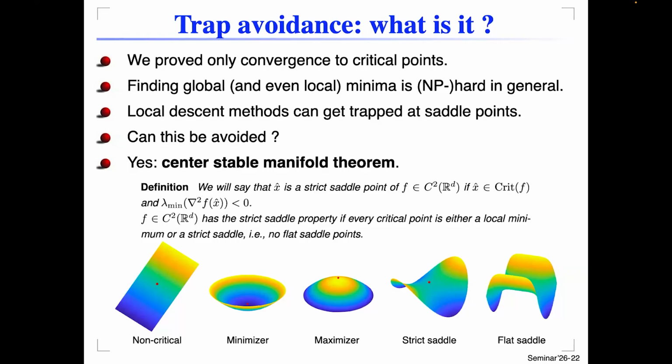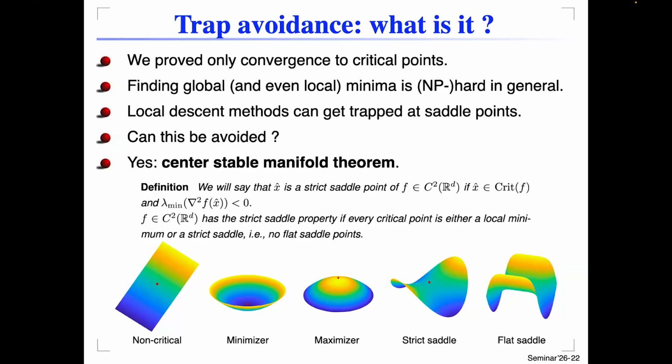And if you initialize on the complement of this set, which turns out to be measure 0, then you're going to converge to these bad points. Meaning, if I initialize my algorithm or my dynamical system randomly, with a law which has a density with respect to the Lebesgue measure, then I'm done, because almost surely I'm going to go to good points.